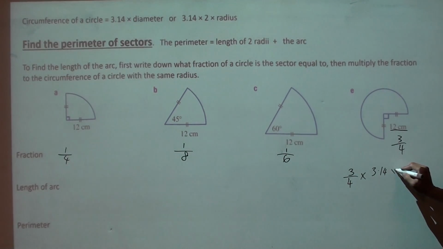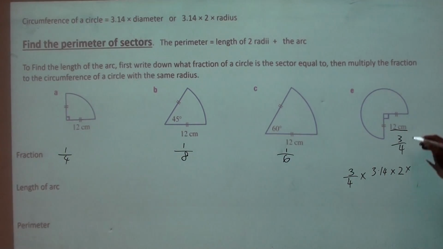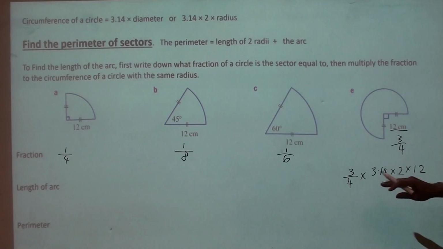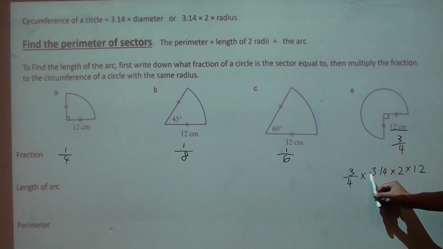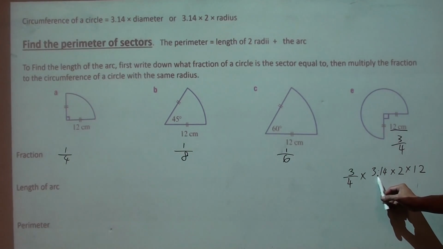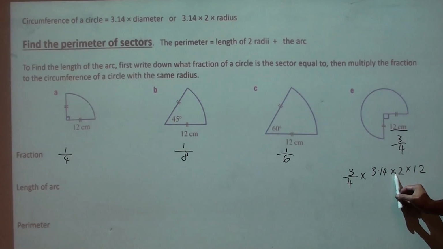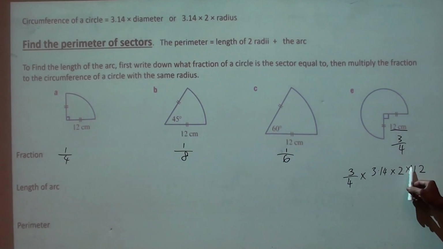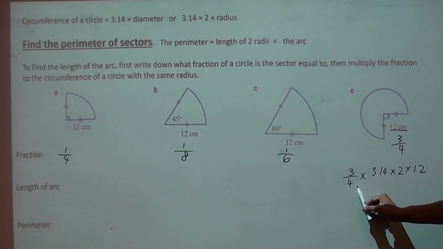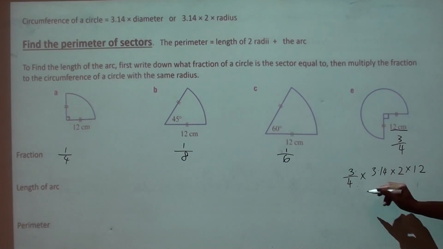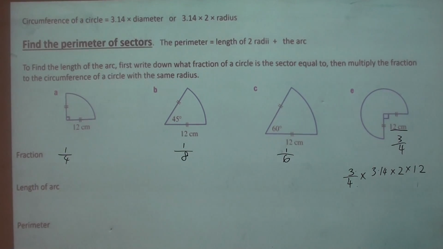In this case it is 12. It's quite straightforward actually. We're going to take 3.14 times 2 times 12 and then times 3 and then divide by 4. Alright, so let's work it out.